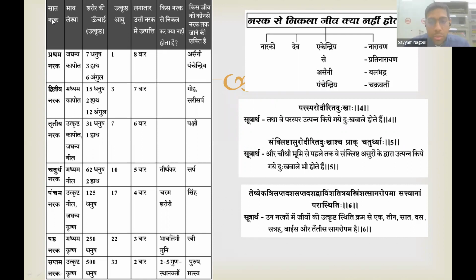Okay, we'll go to the next sutra, sutra number 6. Sutra number 6 is basically the 4th column of the table, which is there in the left side of the slide, right? Utkrisht Ayu. So that is what I'm going to tell you right now.